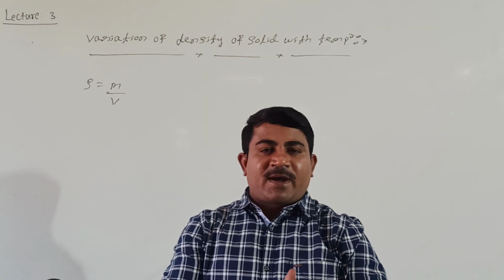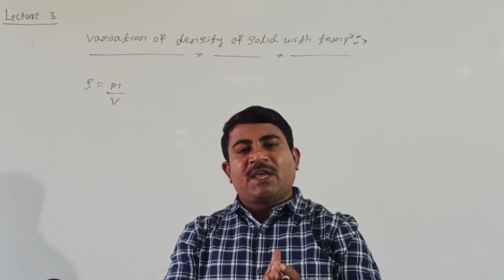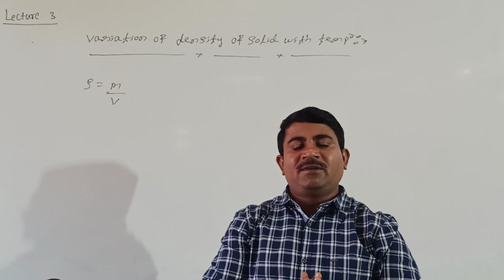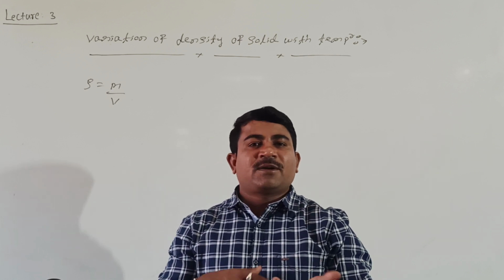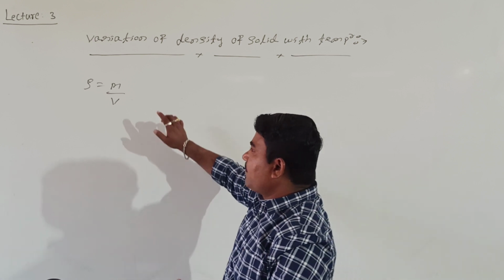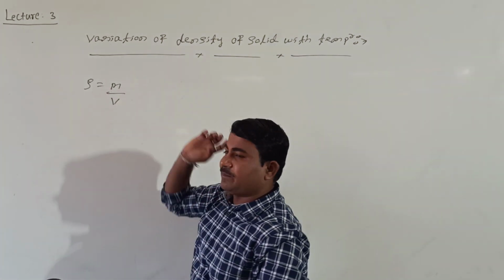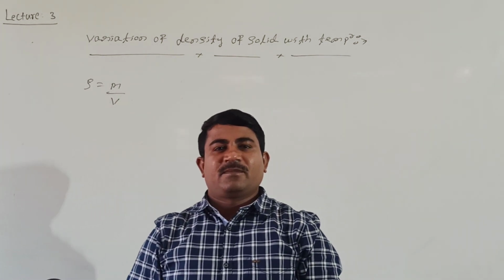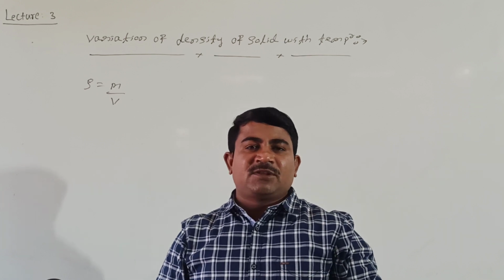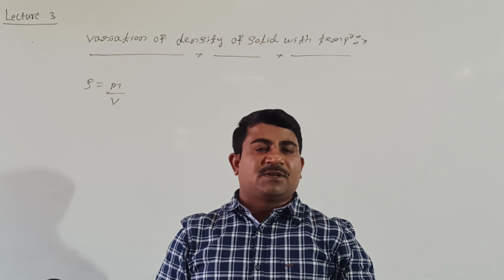Whenever heat is provided, length changes, area changes, volume changes. But remember this point, in a solid, whatever amount of heat provided, whatever the range of the temperature, the mass of the solid always remains the same. Only length, area and volume change.